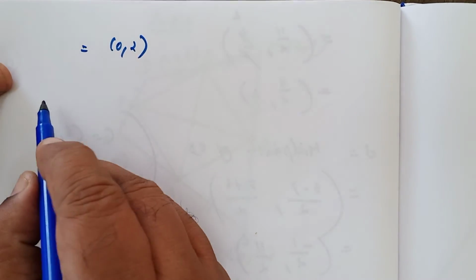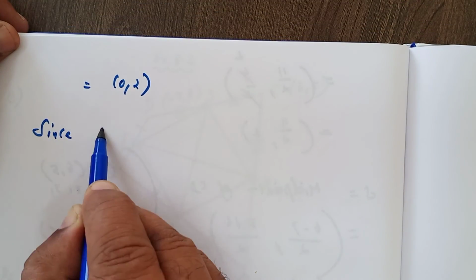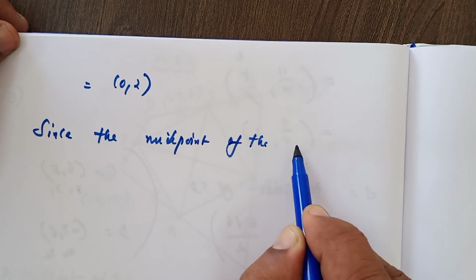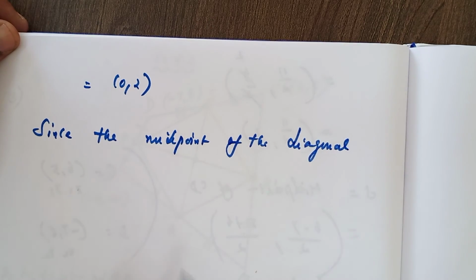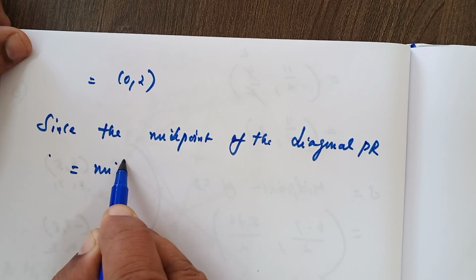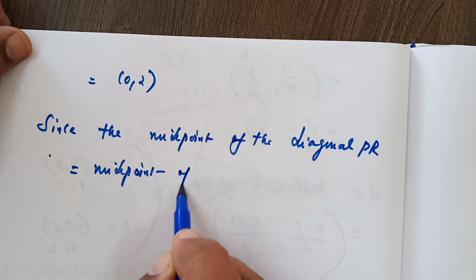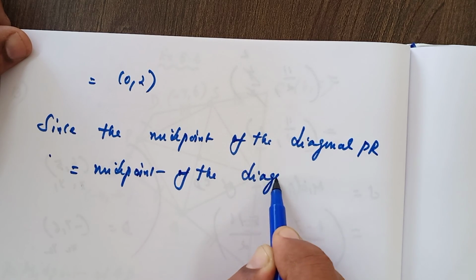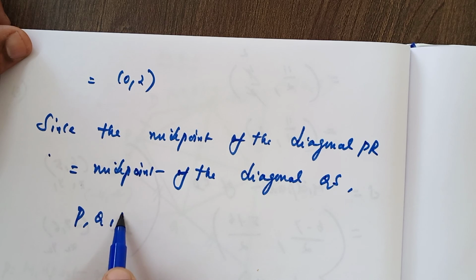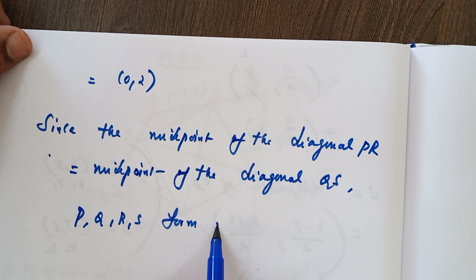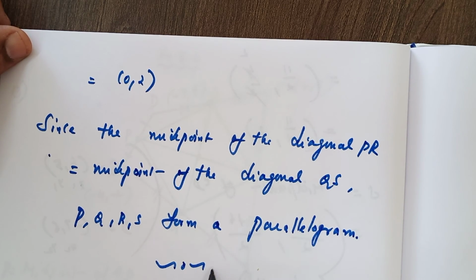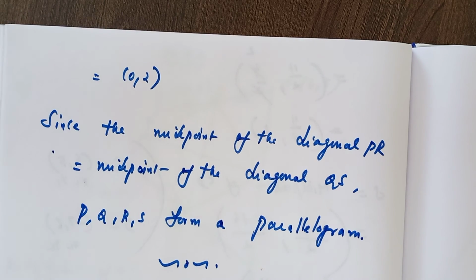So the final result: since the midpoint of diagonal PR equals the midpoint of the diagonal QS, PQRS forms a parallelogram. So problem number 13 is completed.